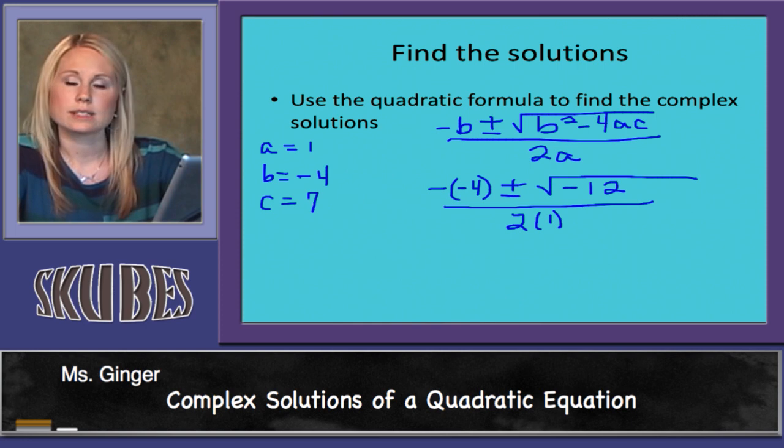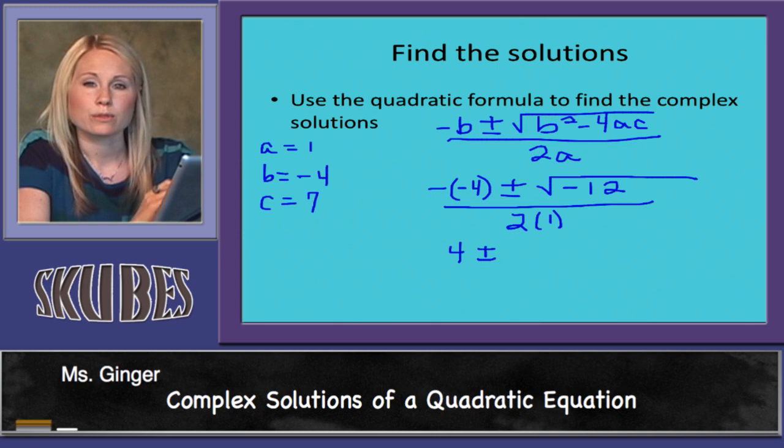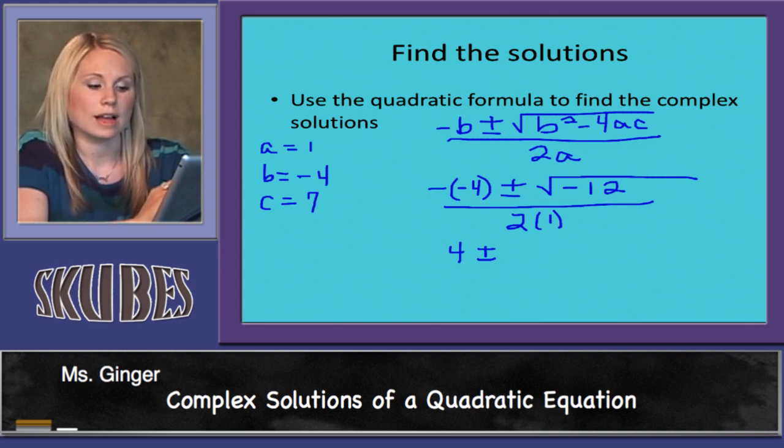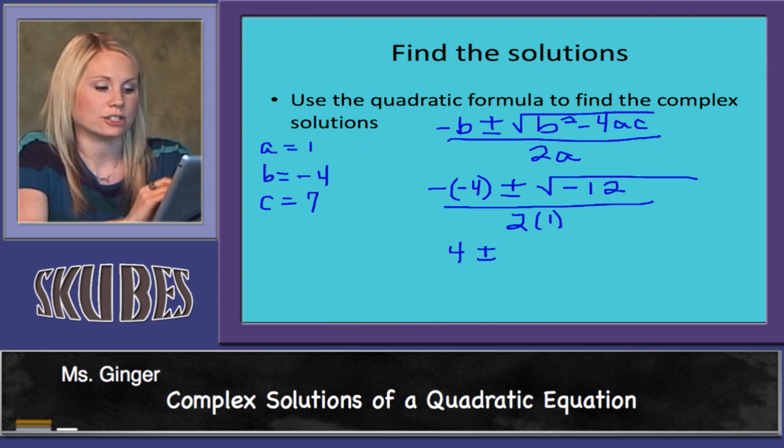Okay, so we just need to simplify now. The opposite of negative 4 is going to give me positive 4, plus or minus. I've got the square root of negative 12. I'm going to pull that negative sign out, and that creates an i, an imaginary number. So square root of 12i.